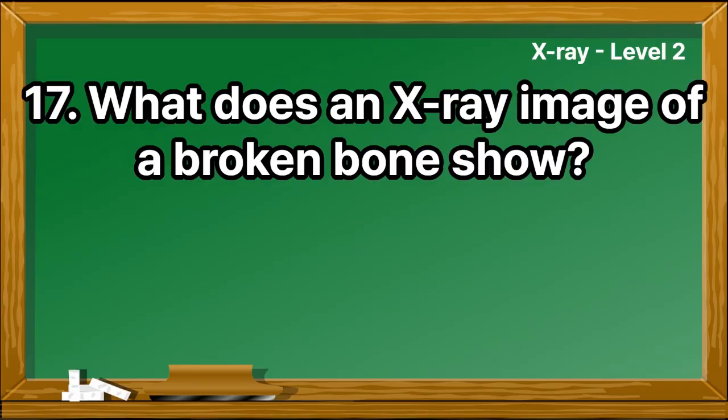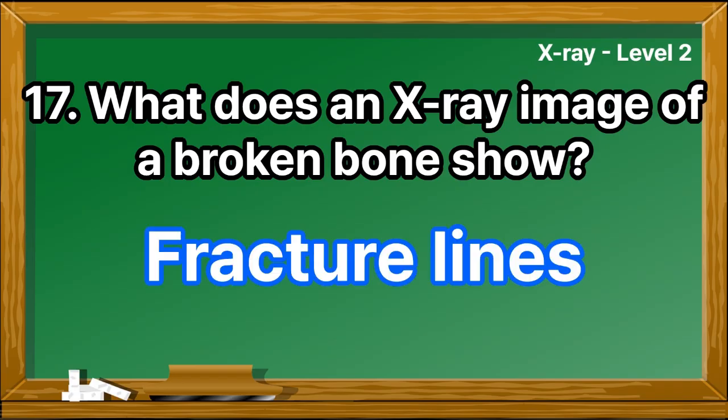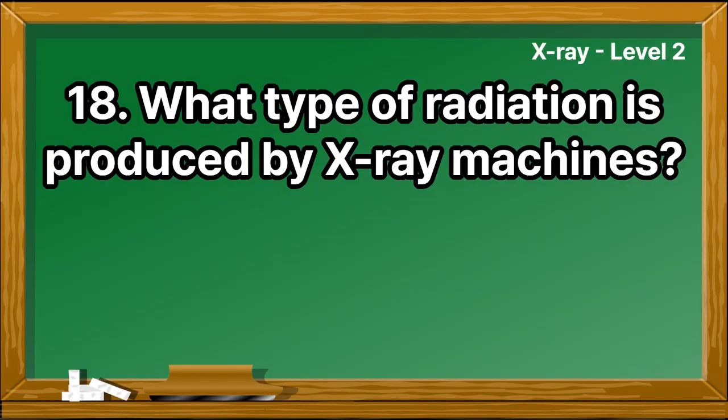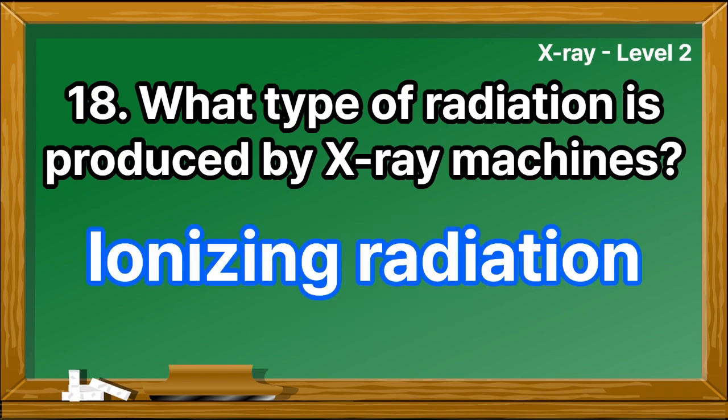What does an X-ray image of a broken bone show? Fracture lines. What type of radiation is produced by X-ray machines? Ionizing radiation.